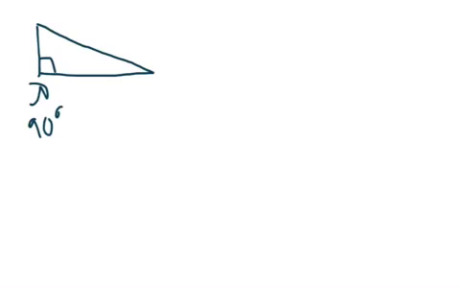You can also use it to find one of the legs of the triangle. So let's say we have another right triangle, and we've been told that this side is 5 and this side is 15. So our question is, what is that side?